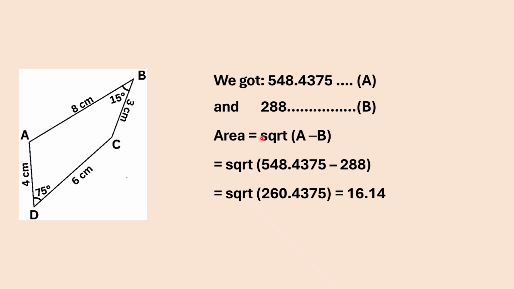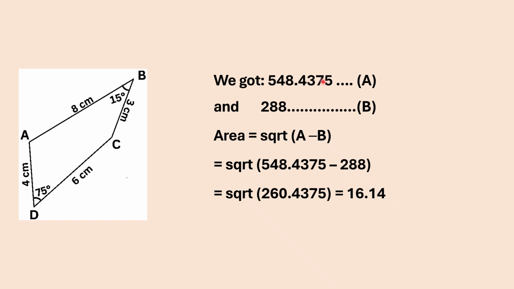Now the area will be the square root of A minus B, that is the square root of 548.4375 minus 288, and when you take the square root, you get approximately 16.14. So the area of this irregular quadrilateral would be approximately 16.14 square units.